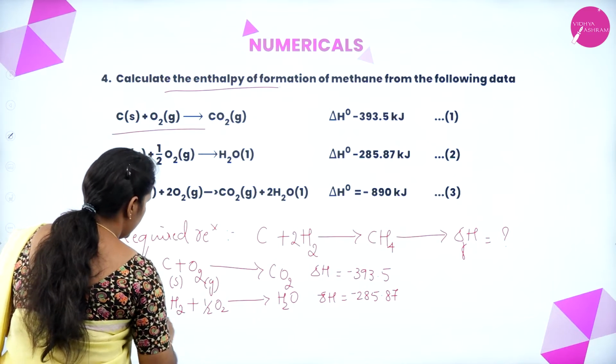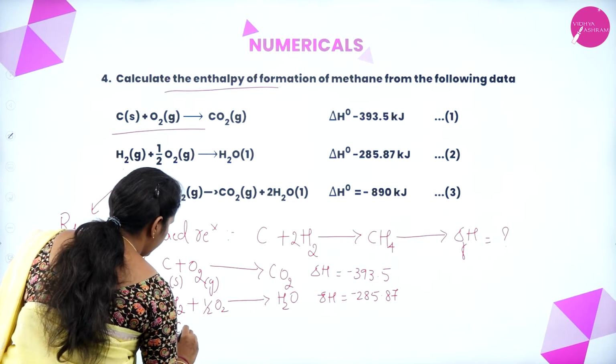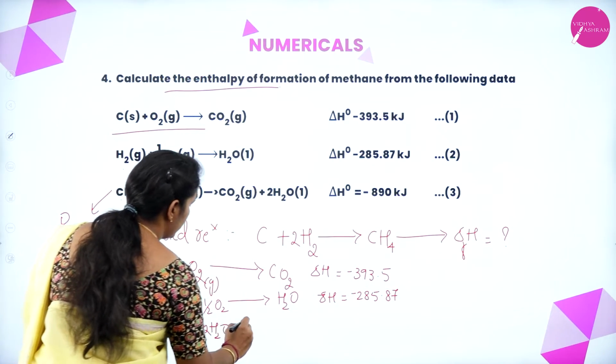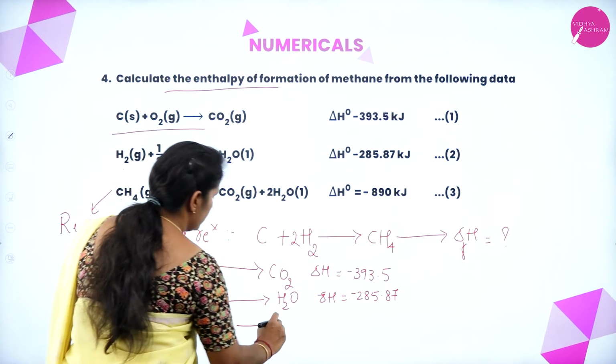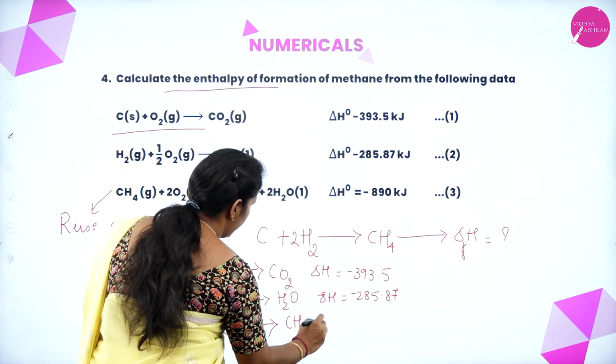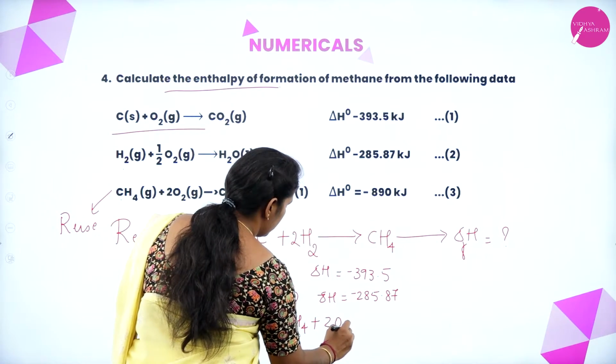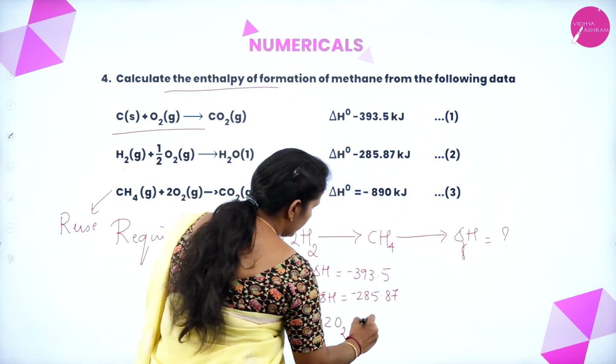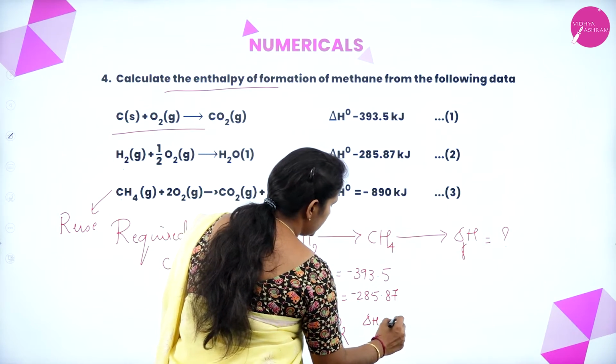So, I'll write carbon dioxide plus 2 water molecules giving rise to CH4 plus 2 O2. And you need to reverse the delta H value also. It will become a plus value because it is in the minus.